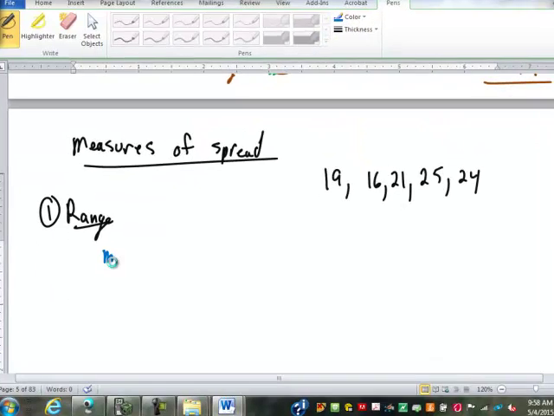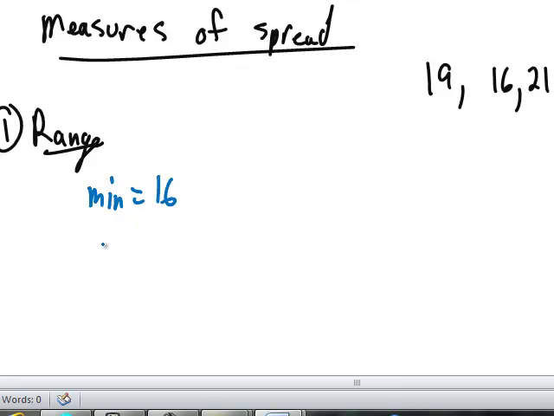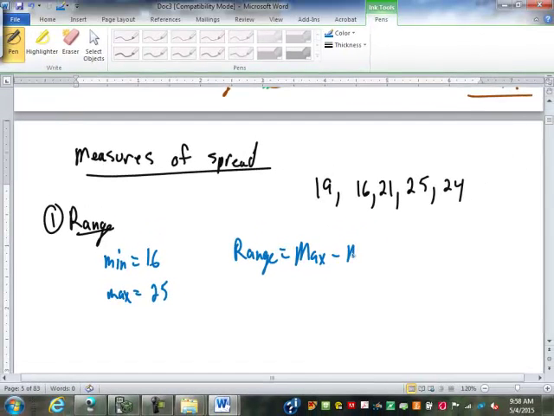So here the minimum, again, is 16. The maximum is 25. The range is the max minus the min. So here that would be 25 minus 16, which is 9. We have a range of 9.